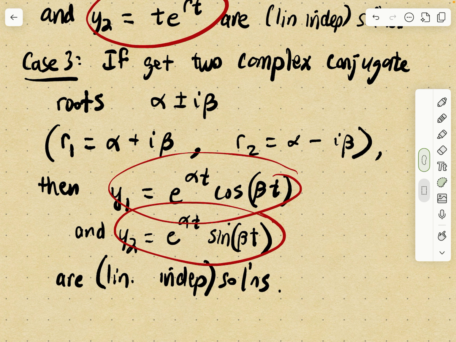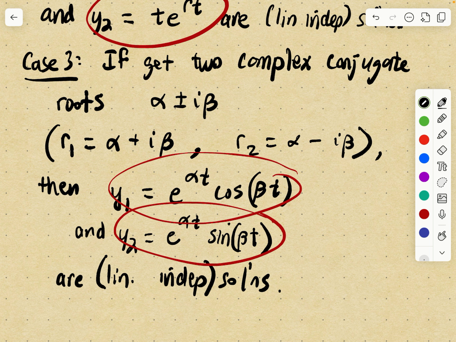And this has to do with complex numbers. Case 3 is the one with complex numbers. So we'll talk about the complex exponential, e to the i theta, and then we'll see where this comes from. But remember, for checking that something is a solution, you don't need to know where it comes from. You just need to know that when you plug them into the equation, the equation is satisfied.